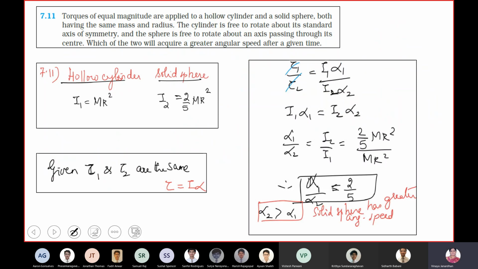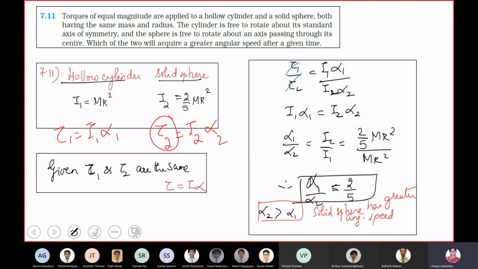When the speed increases, acceleration will also increase. Based on that, you can write. Is this clear what I am doing? Yes, ma'am. So tau 1 is I1 alpha 1, tau 2 is I2 alpha 2.